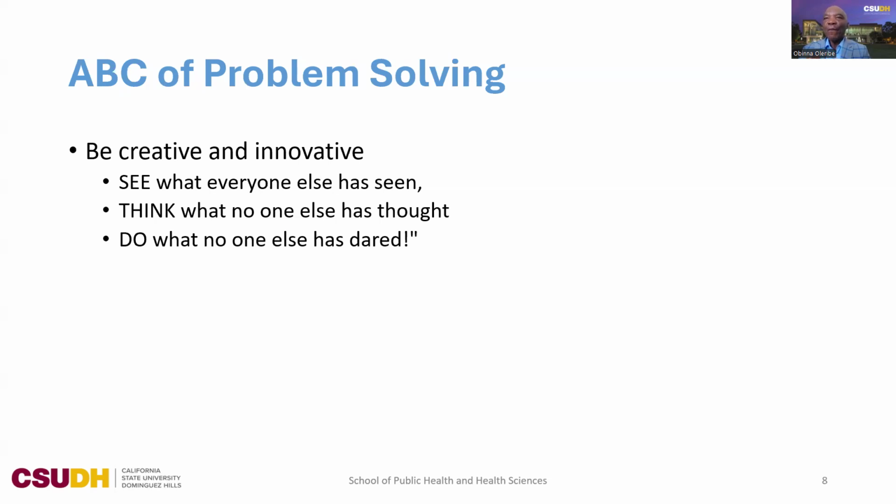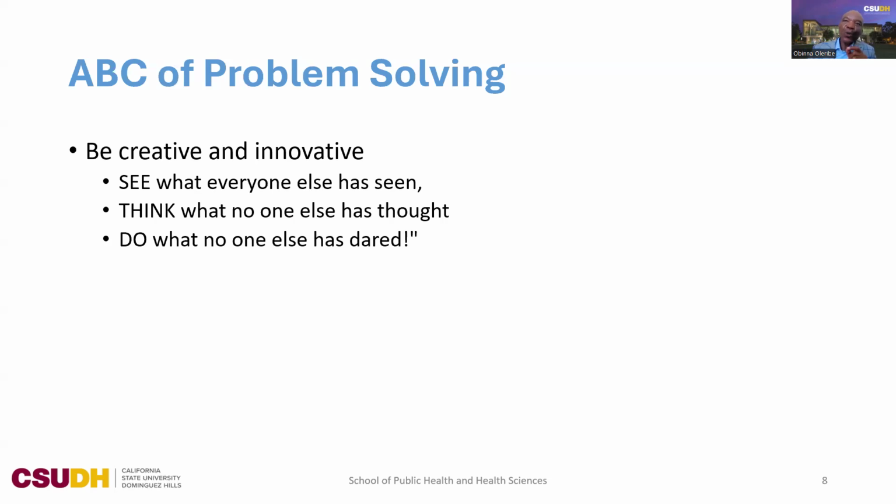You must go beyond conventional thinking and routine solutions, because creativity and innovation lie at the heart of effective problem solving. But Einstein told us some time ago that you cannot solve today's problem with the same mindset that created the problems. So you must see what everyone else has seen, look at the same situation, challenges, and data that others have observed.